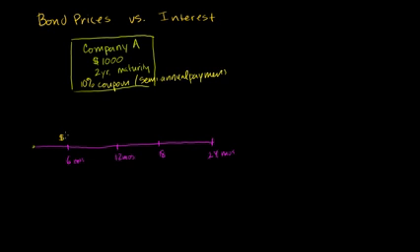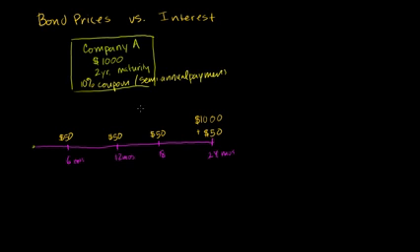So we're going to get $50 here, $50 here. These are going to be our coupon payments. $50 there. And then finally, at 2 years, we'll get $50, and we'll also get the par value of our bond. And we'll also get $1,000. So we'll get 1,000 plus $50, 24 months from today.